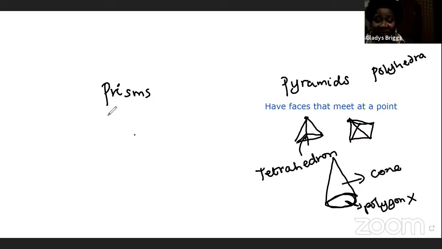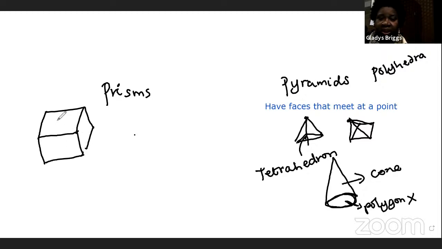Right, and then we have the prisms. With the prisms, you have a constant cross section. Yeah, you have a shape that has a length and a constant cross section. So this would be like a loaf of bread.